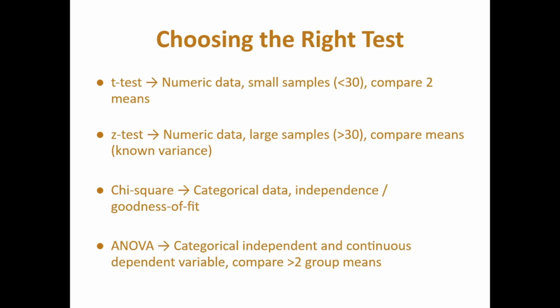Chi-square is for categorical data, for comparing the relationship between 2 individual categorical variables, and to check whether there is any dependency between the observed frequency and expected frequency.